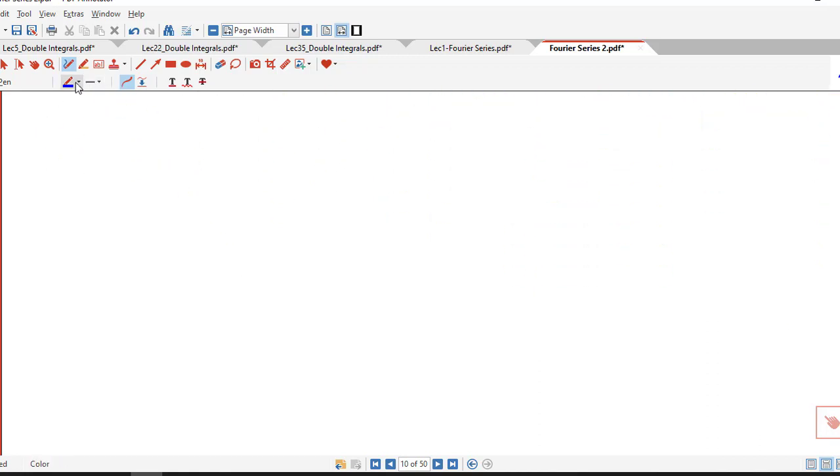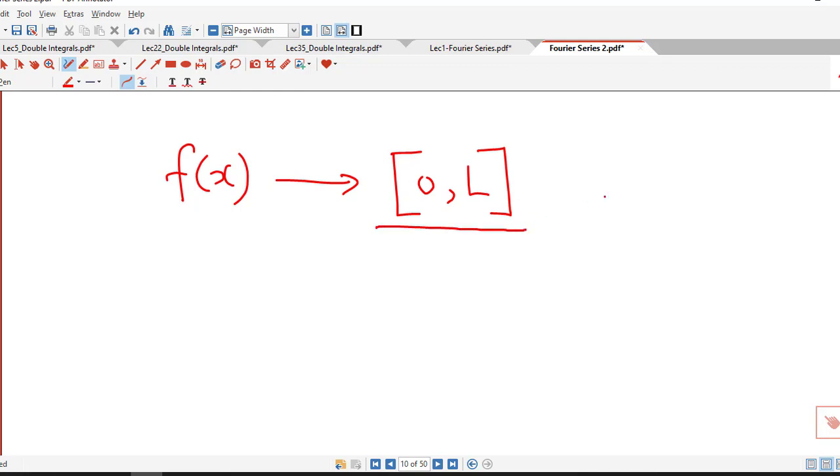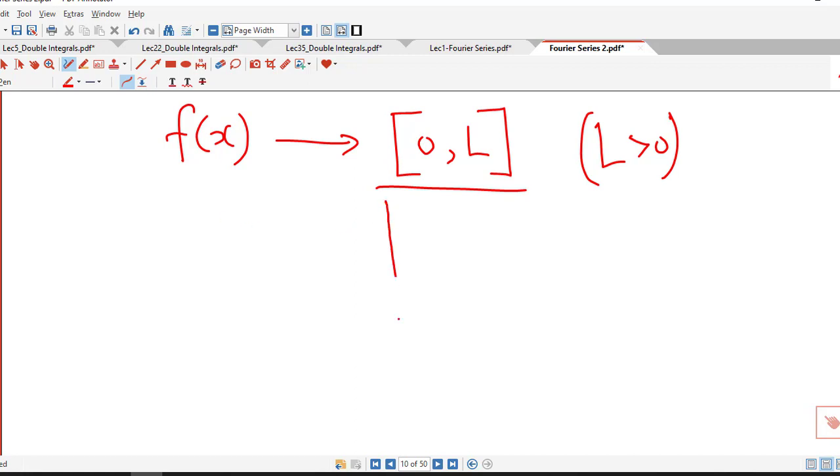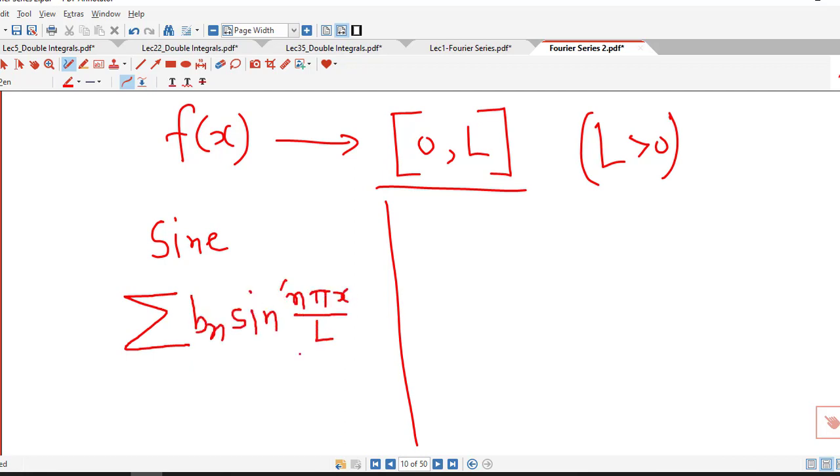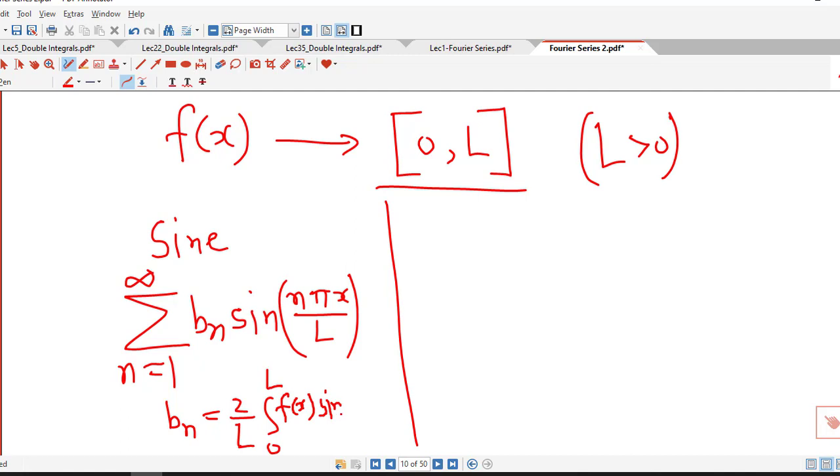So in this way we can find out half range Fourier sine series or half range Fourier cosine series of a function which is given on the interval of this type. If we are interested in the half range sine series, we will consider sigma bn sin n pi x by L, n equal to 1 to infinity, where bn is given by 2 by L integral from 0 to L fx sin n pi x by L dx.